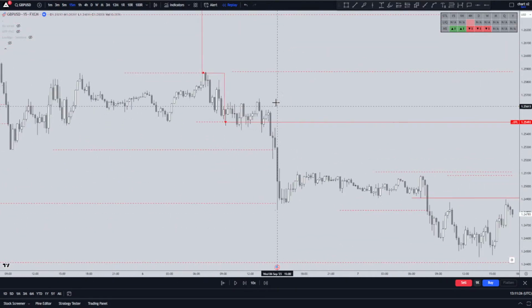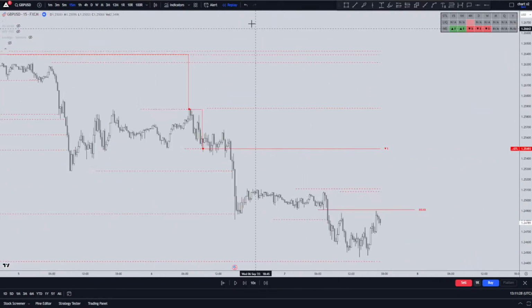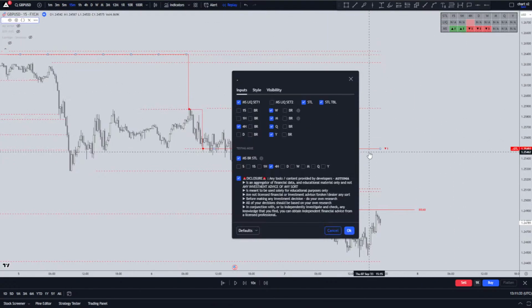But we will think about maybe creating a separate indicator with basic liquidity functions or structure functions, maybe for one time frame, so there is a possibility to use bar replay. Yeah, definitely.